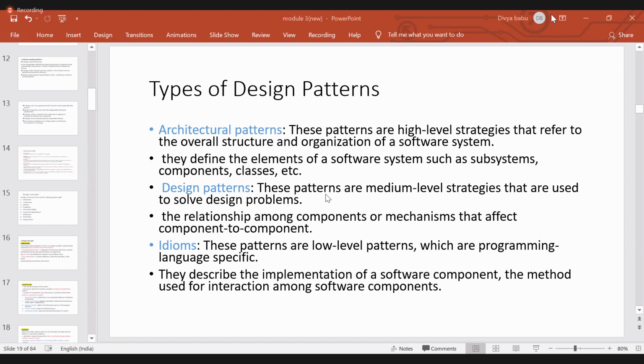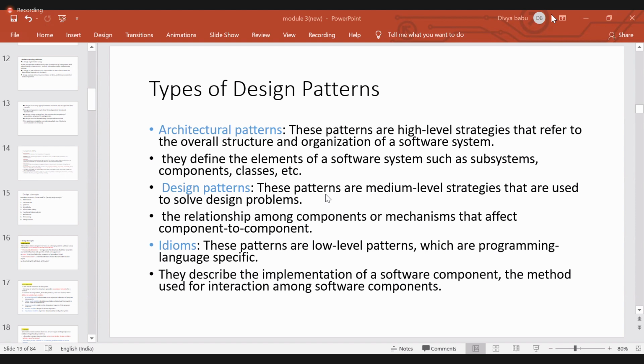Okay, there are different types of design patterns. Architectural patterns means, take an example like our college or university campus. When it comes to the architectural pattern, what is it? It's a basic level, an overview of this organization.